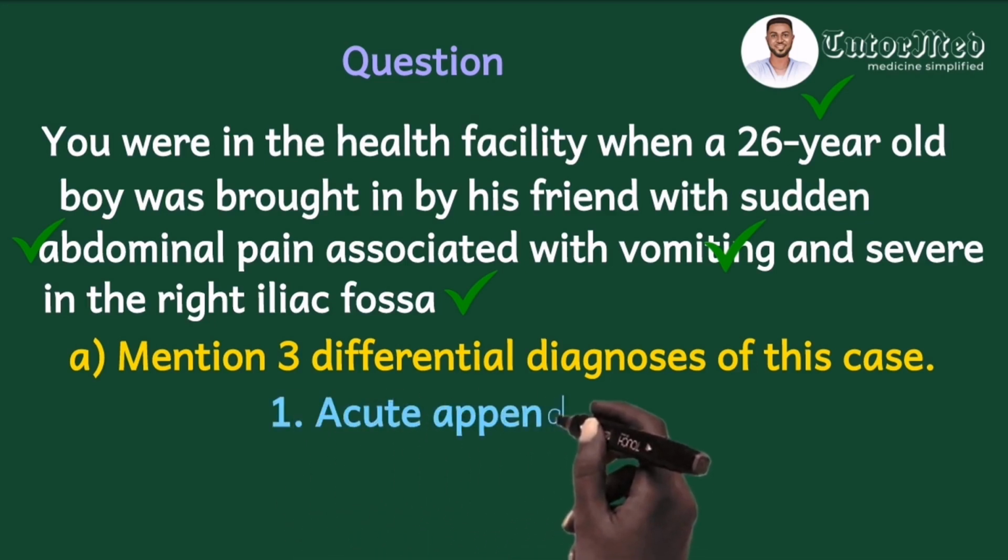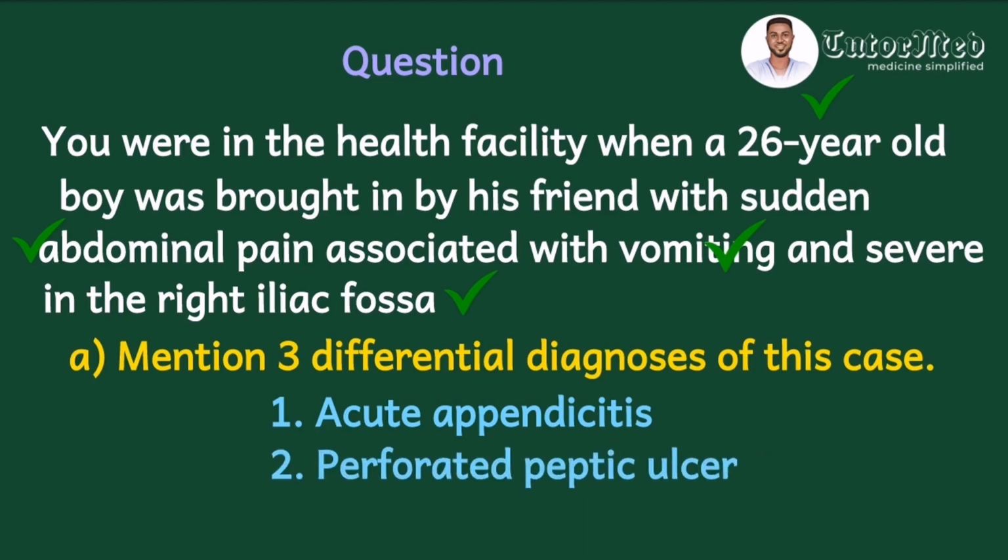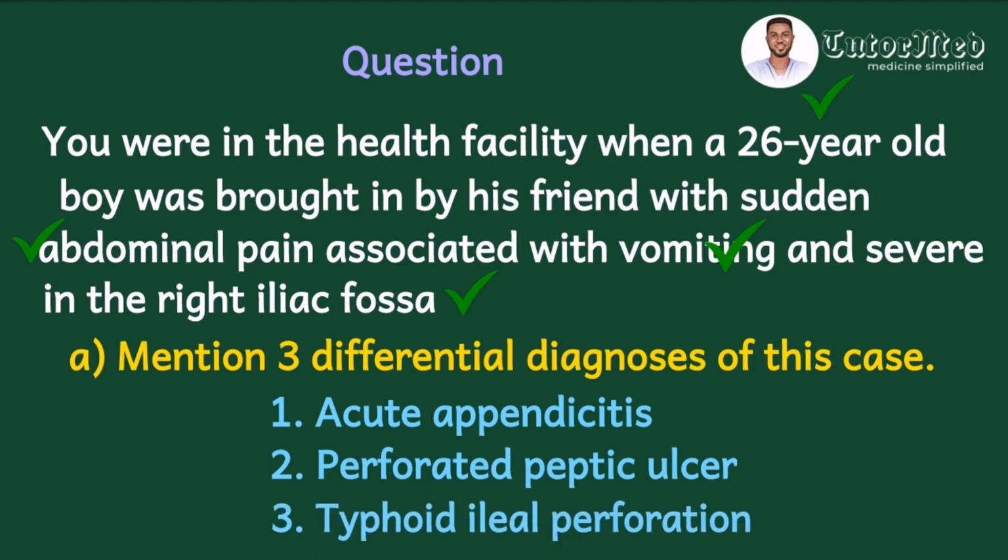Acute appendicitis, and that comes first because of where the severity of the pain is, the right iliac fossa. It may not be acute appendicitis, but it is likely. Then the second differential we would consider is a perforated peptic ulcer. The third differential we'll consider is a typhoid ileal perforation.